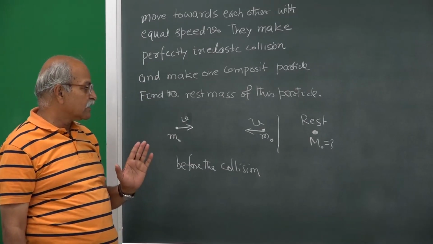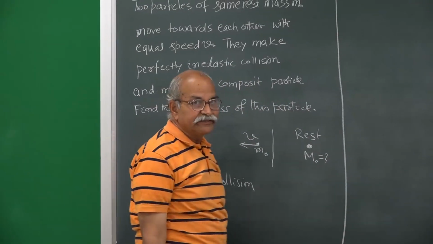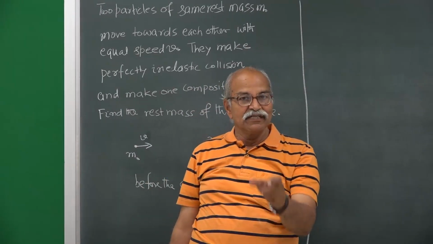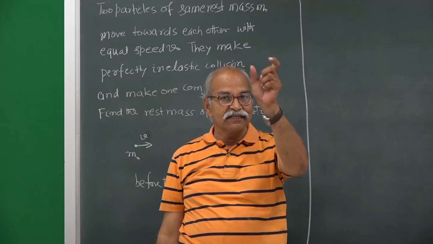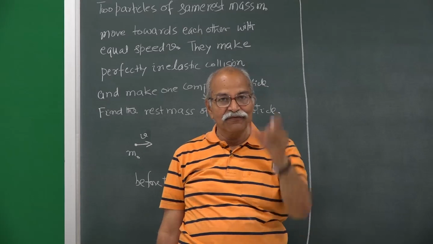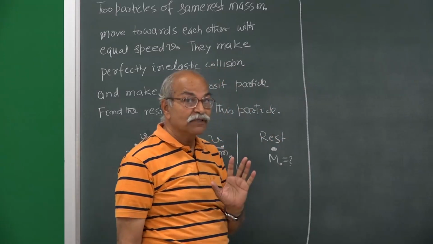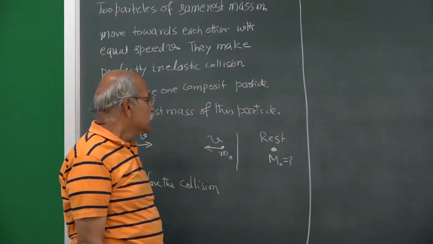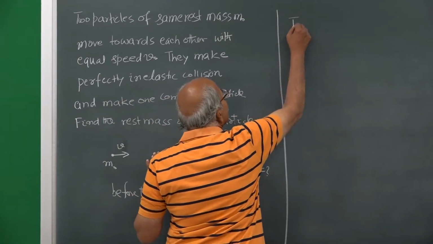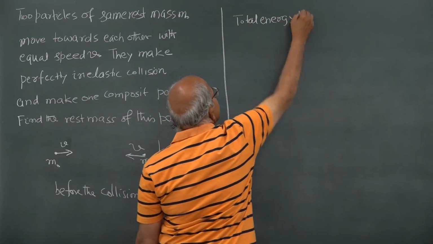And now, let us make energy conservation. Which energy? Total energy. You have energy and momentum as one 4 vector: E by c and then Px, Py, Pz, that is a 4 vector. They are separately conserved if no external forces act on the system. So total energy should be conserved, and here you can write the total energy before the collision.